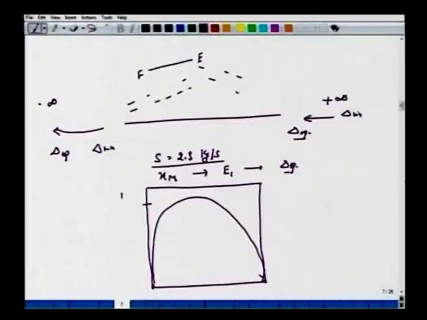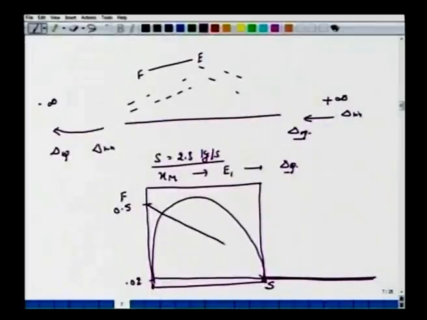You had F at 0.5, and here you have 2%, 0.02. This is pure solvent. Since the amount of solvent was given to us, we connected F with S. We got this xm, 0.246, and then when you connect this RNP with this, you have E1.